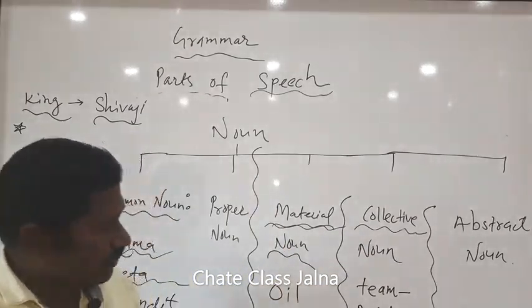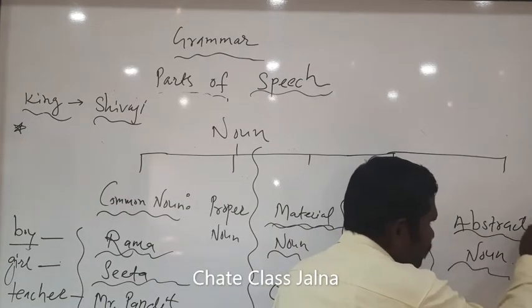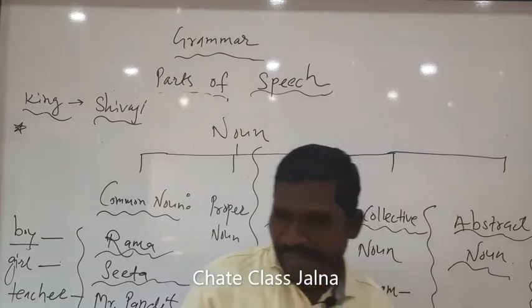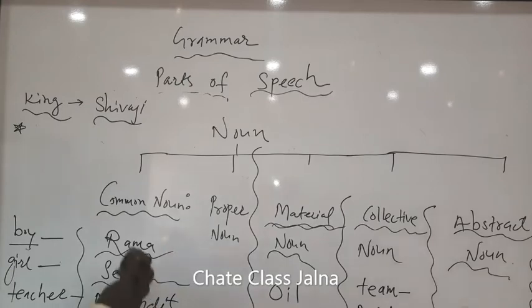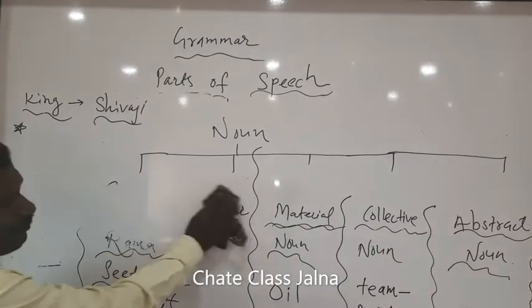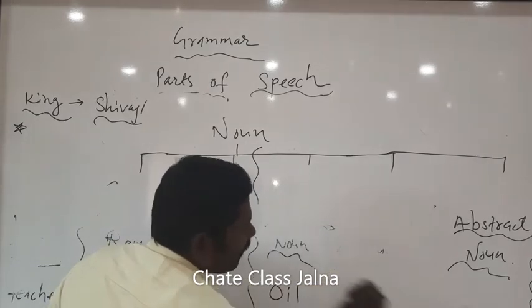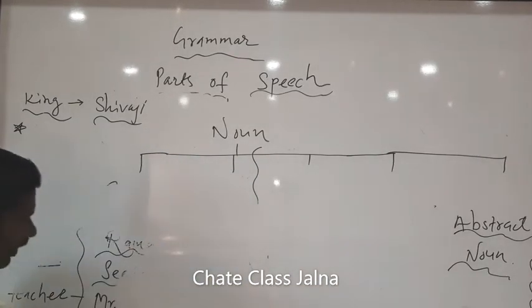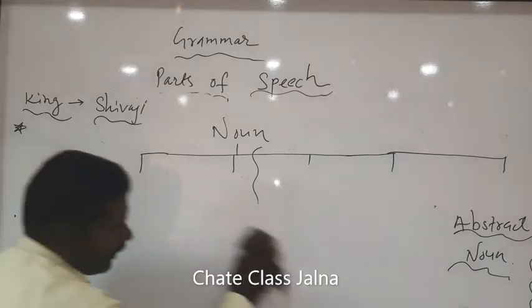And the last but not least, it is abstract noun. It's little bit complicated to know what do you mean by abstract. Okay, abstract in the sense, the abstract things are those are not concrete. Concrete in the sense we can touch it, we can feel it, while abstract we cannot touch, we have to feel it by the senses. Are you getting?